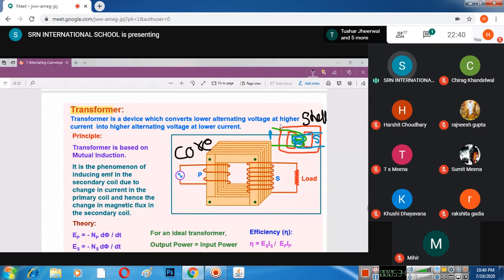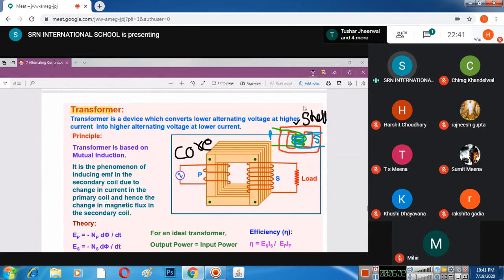Now if you want to consume less space, in that condition you need to use a shell type transformer because it needs less space. Usually you must have seen this transformer in a radio, in a TV, or in most electrical devices. You must have used this shell type transformer.